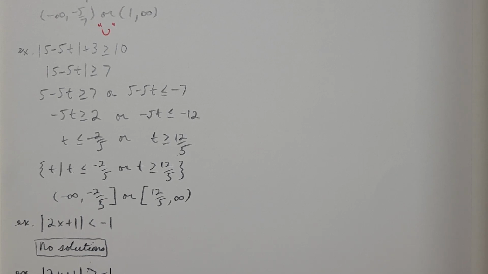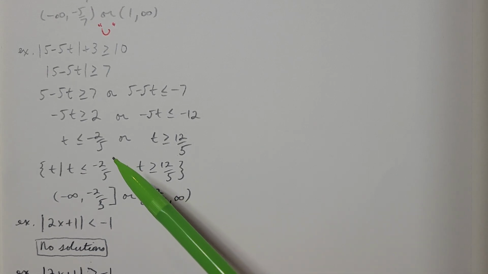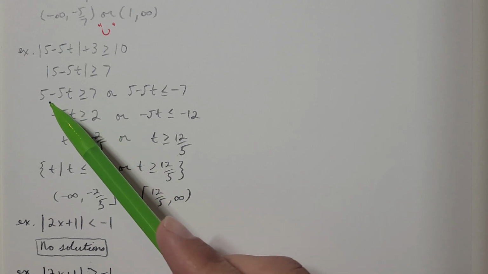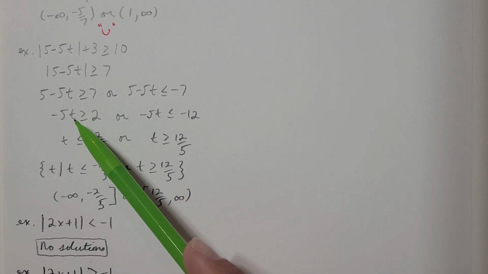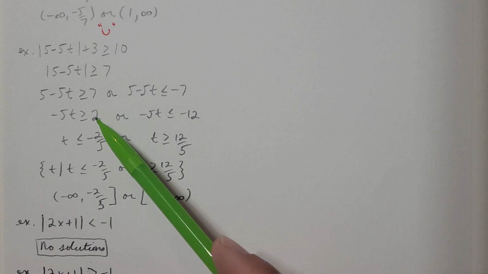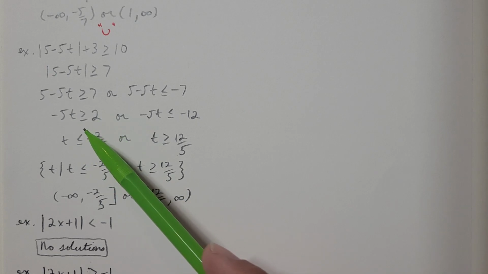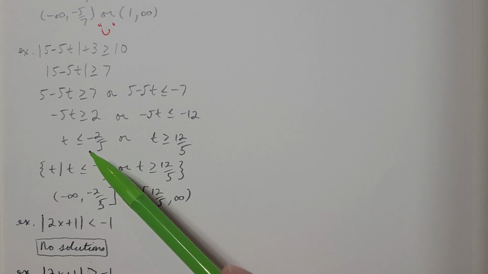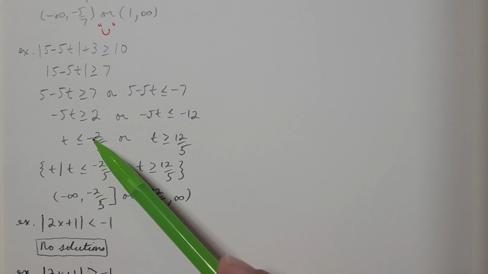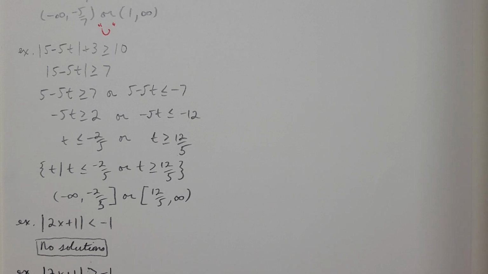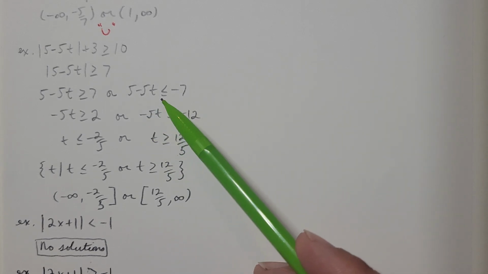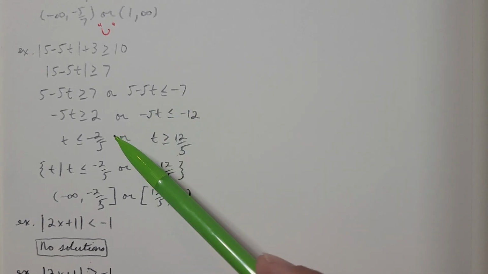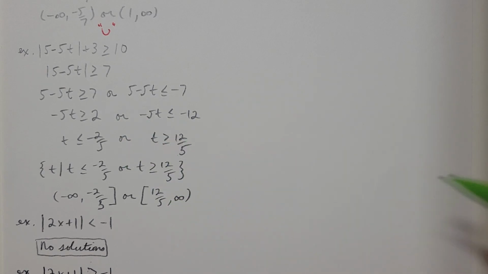If we then solve these 2 inequalities here, let's subtract 5. We got -5t greater than or equal to 2, divided by -5. We're dividing by a negative number, so we have to flip the sign. It looks like t is less than or equal to -2/5. Okay, or is a key word, so go ahead and write that key word again.